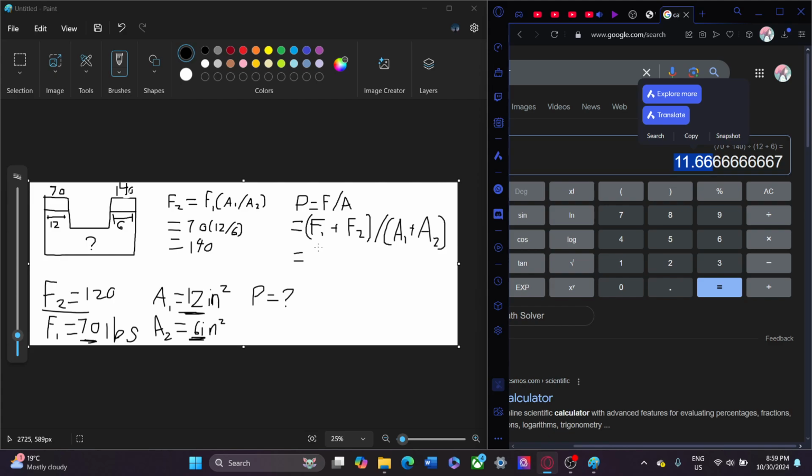So our answer would be 11.667 PSI. That is how you calculate pressure.